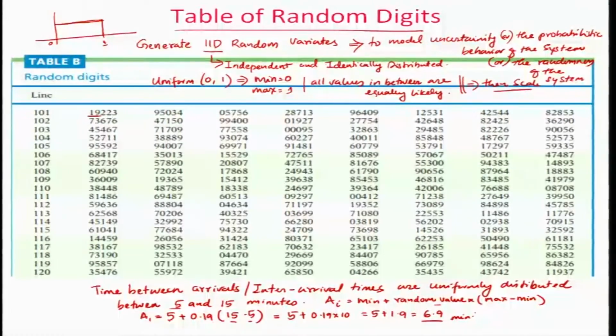Then A2 will use the next two digits: 5 plus 0.22 times (15 minus 5), so this will be 5 plus 2.2, which is 7.2. Then the next digits will be 3 and 9, 39, so 0.39. We keep on doing this. This is the process in which random digits can be used to generate arrival times.